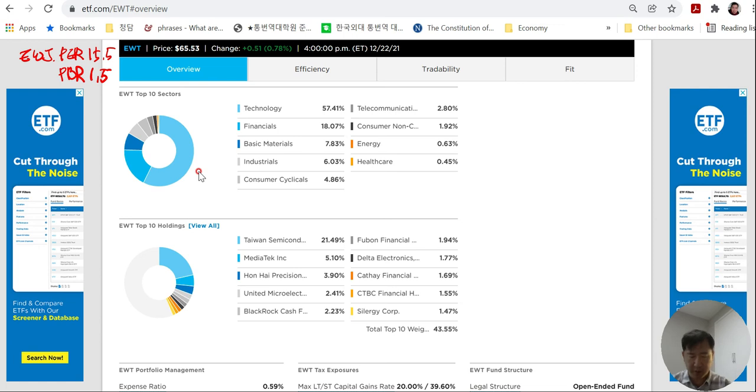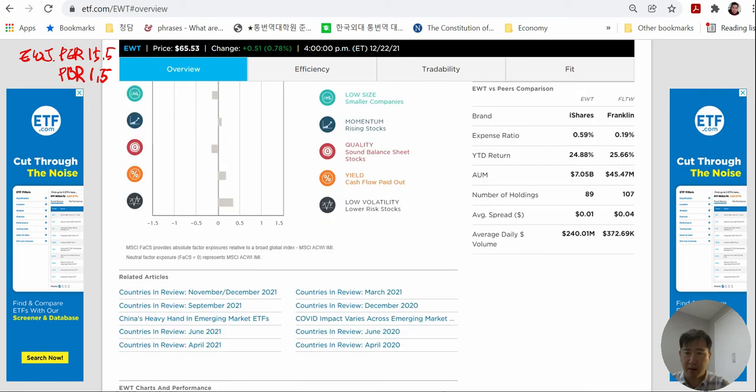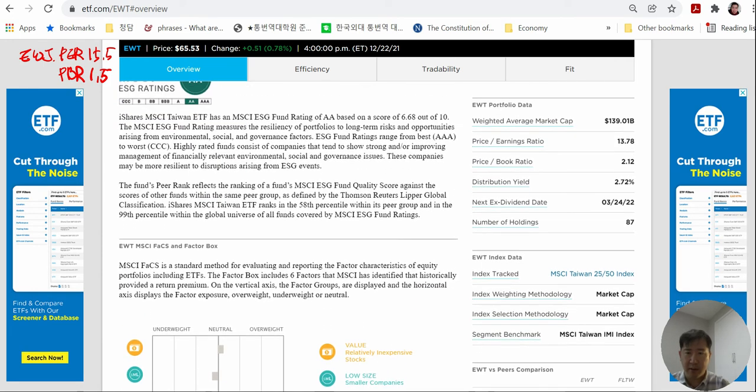So I'll write it down over here also. All right, then what about the PER and the price to book ratio? Because TSMC's earnings are so good, right? If they sell 100 US dollars, their earnings are like 60 bucks, per every 100 US dollars.